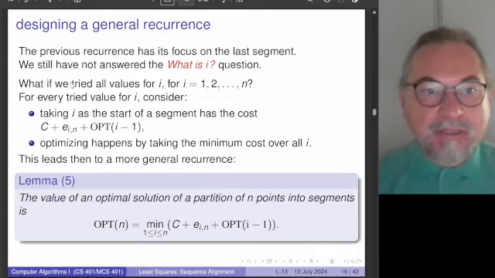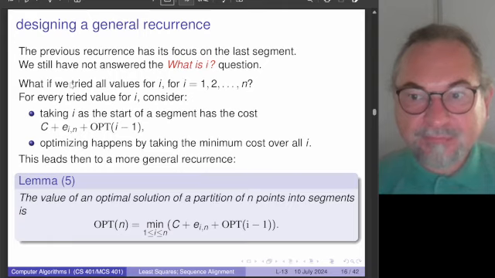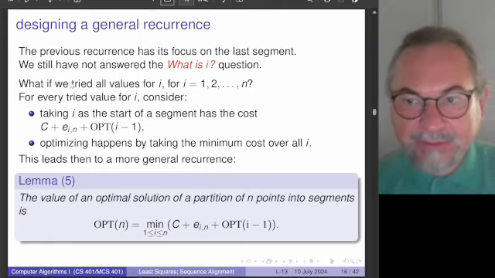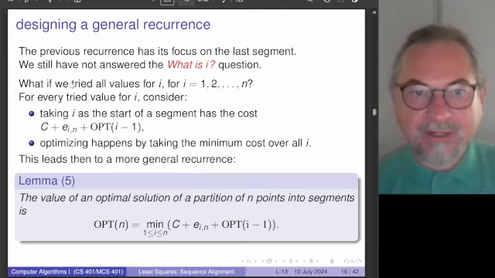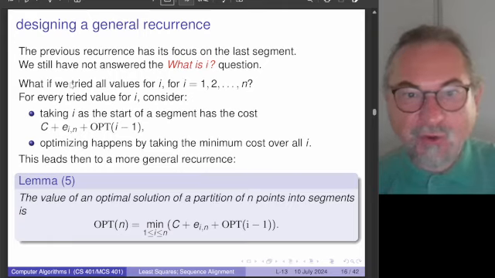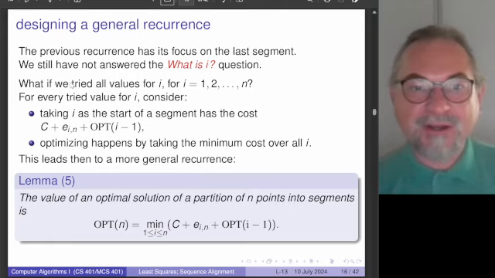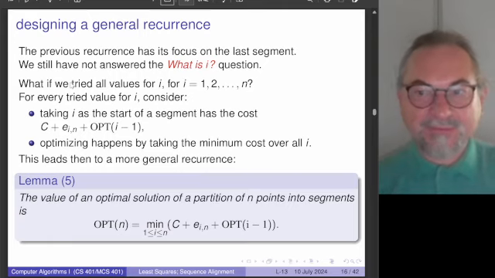Okay, and here you always see a little bit the aspects where dynamic programming seems to get close to the brute force technique. We actually consider all possible values for the beginning of the last segment.